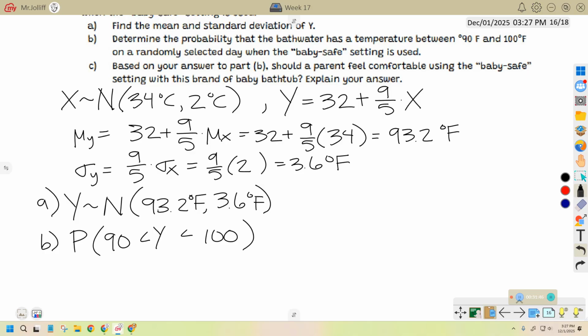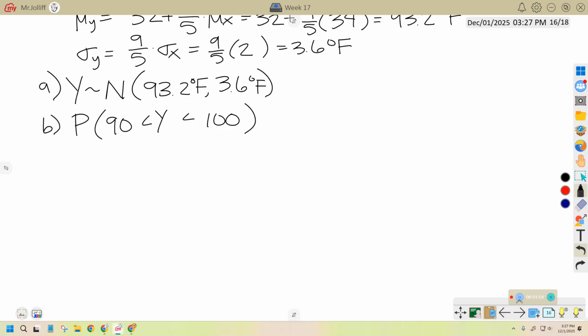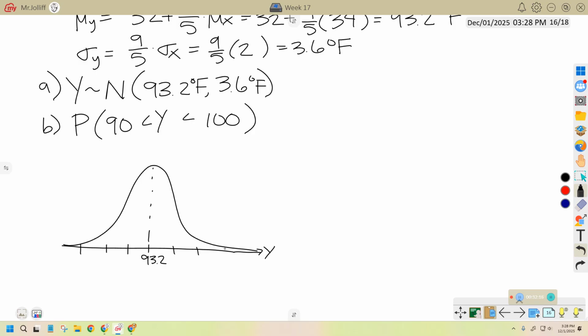To find that, I do two things. I draw my picture, I use my calculator. You should have both pieces. So we know what a normal curve looks like. We mark the mean in the center. We go 3 hash marks out in either direction.